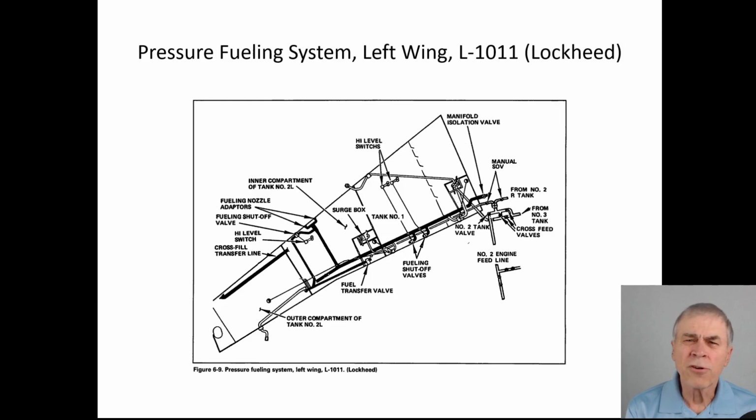And here's the pressure fueling system on the L-1011. Basically, the dark run is the manifold. I'm trying to see. I can see the shutoff valves here. I can see an isolation valve.